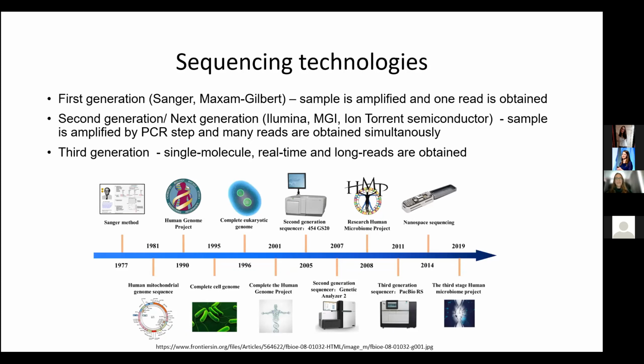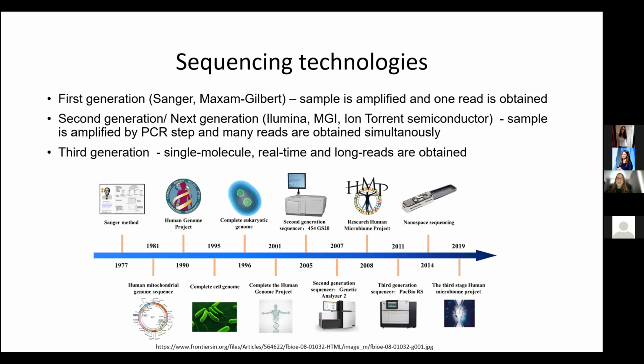The second generation, which is also very often referred to as next generation sequencing, has this characteristic that a sample is amplified by a PCR step and many reads are obtained simultaneously. And the third generation is characterized by single molecule real-time sequencing, during which long reads are obtained.